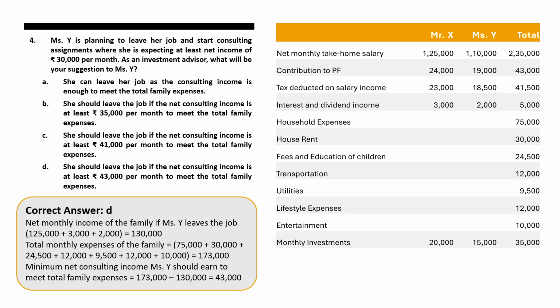The total monthly expenses of the family, if we add up all the expenses here, it comes to 1,73,000, okay? So the minimum net consulting income Miss Y should earn to meet total family expenses is 1,73,000 minus 1,30,000, which is basically the difference between the income and the expenses, and that comes to 43,000, and therefore the correct option is D. Okay.